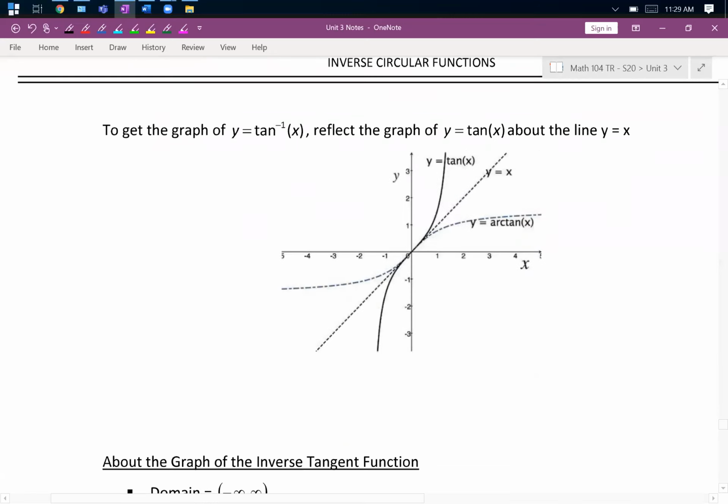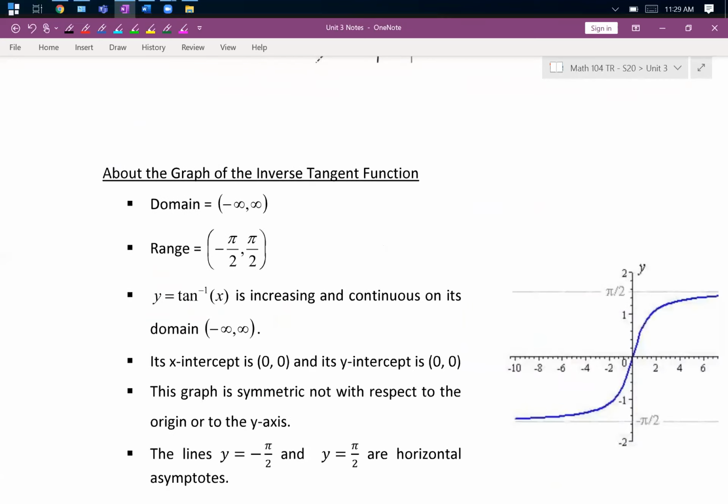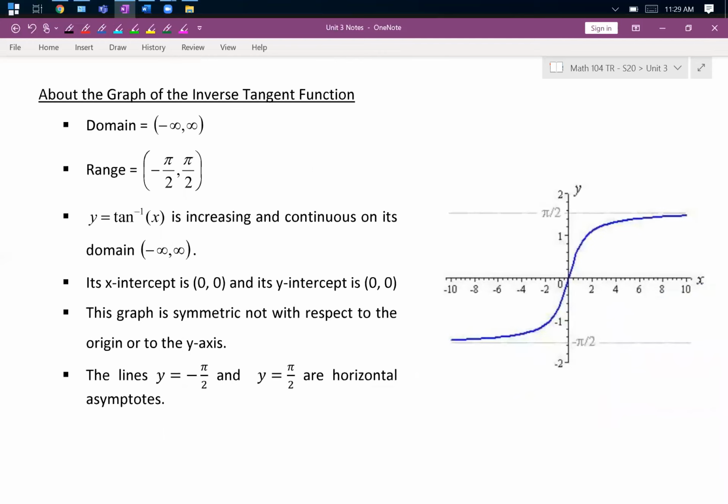To get the graph of tan inverse, we reflect the graph of tangent about the line y equals x. And we get this graph. This is probably the first graph you've ever seen that has two horizontal asymptotes. The domain is -∞ to +∞, while the range is only -pi/2 to pi/2.